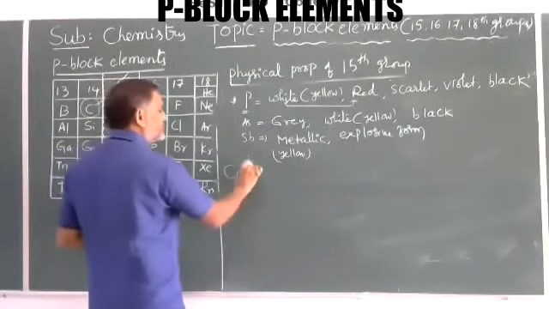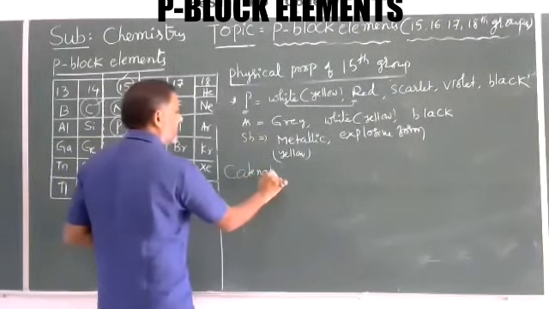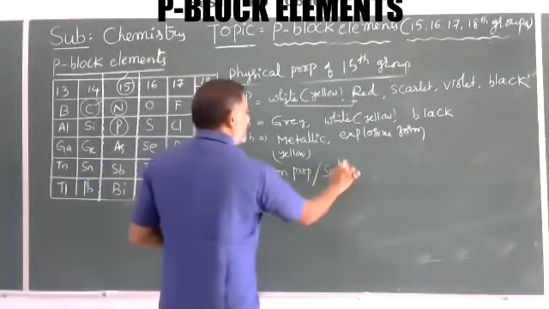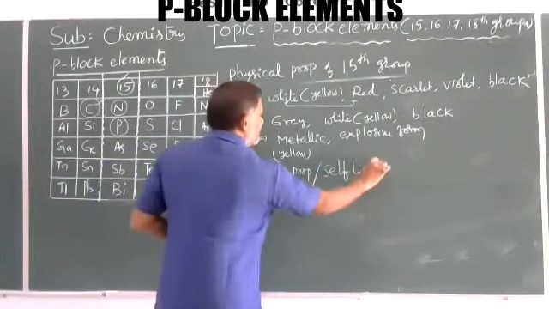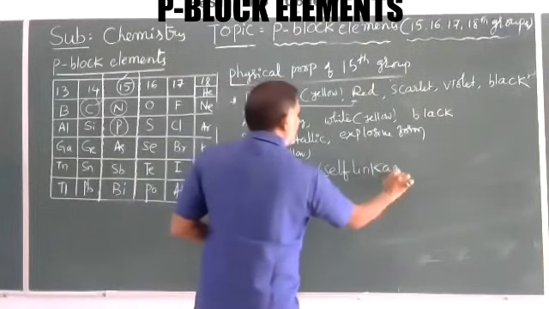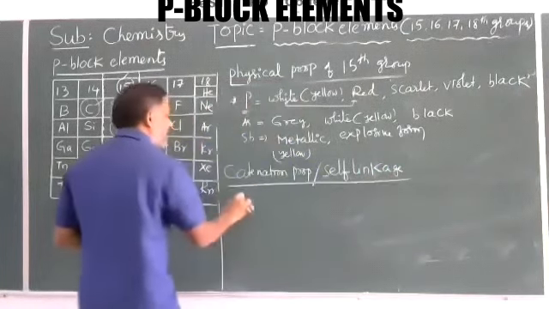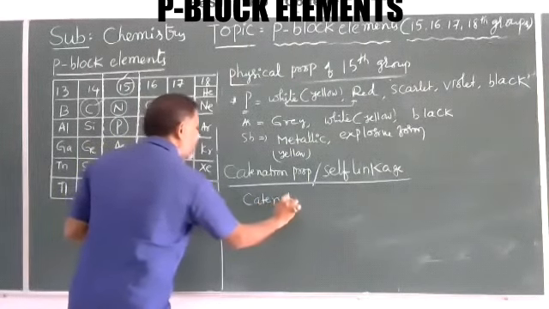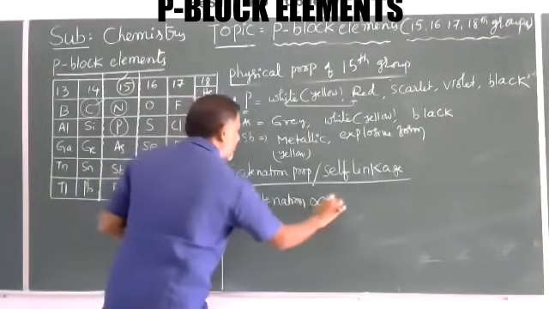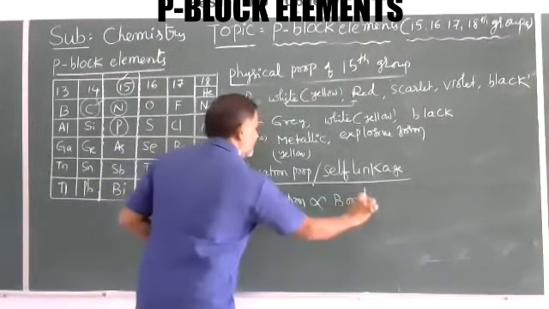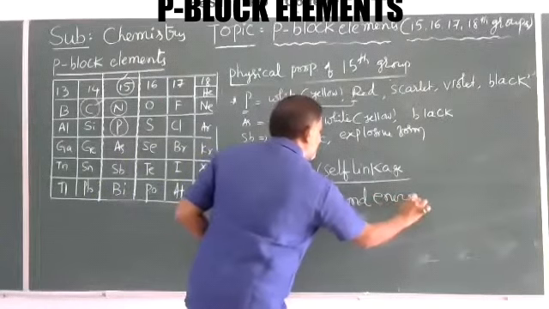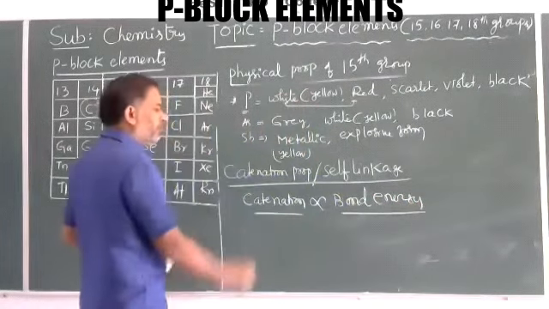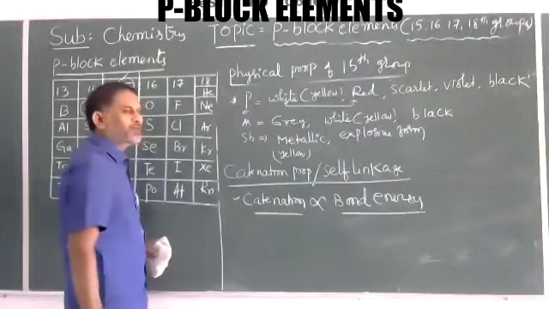Catenation is nothing but self-linkage. This catenation property mainly depends on bond energy. Bond energy is directly proportional to the catenation property. If bond strength is small, catenation property is small.